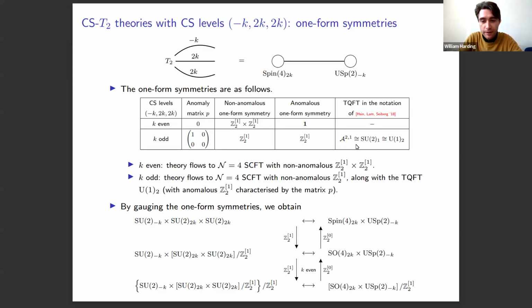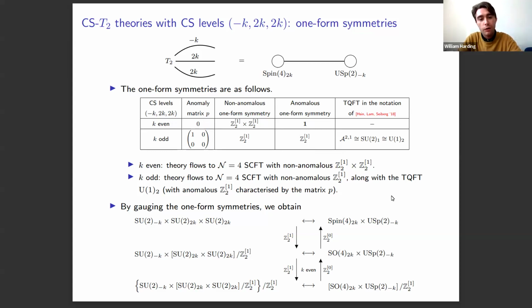So also, let me explain this notation which I used for U(1) level 2. I also wrote down A^{2,1}, and this is the notation of Seiberg, Senthil, Wang, and Witten. Basically, this means that U(1) level 2 is the minimal abelian TQFT with anomalous Z2 one-form symmetry characterized exactly by the anomaly matrix, which I wrote down here in the table.